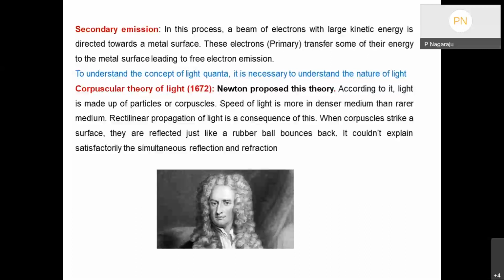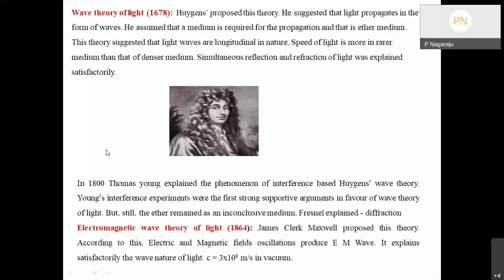In fact, to explain refraction, the corpuscular theory suggested that the velocity of light is more in a denser medium than in a rarer medium, and this is the photo of Newton.